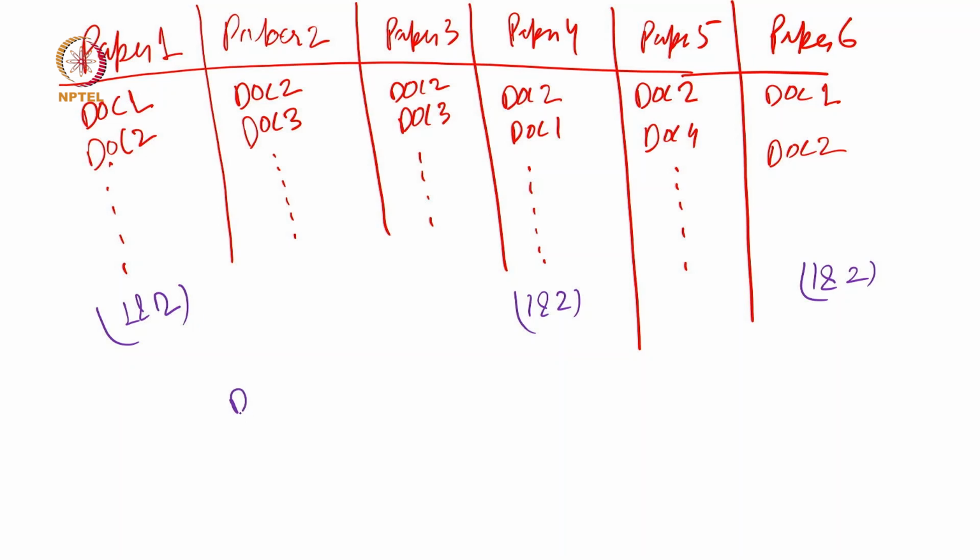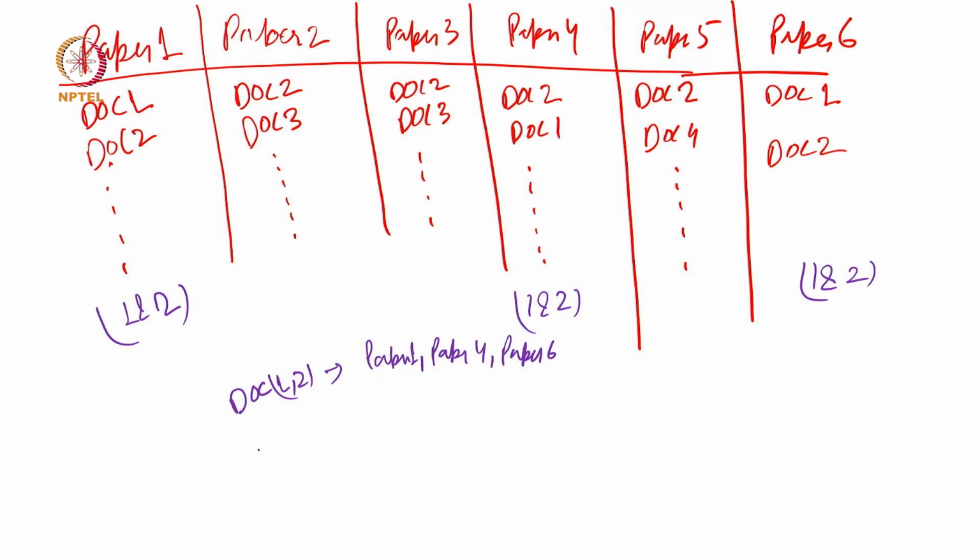So, for document 1 and 2 we have 3 papers: paper 1, paper 4 and paper 6. Okay. So, 1 and 2 have been co-cited together in these 3 papers.